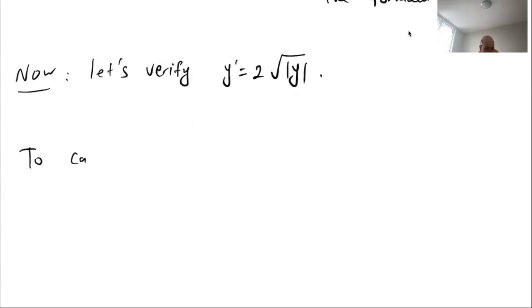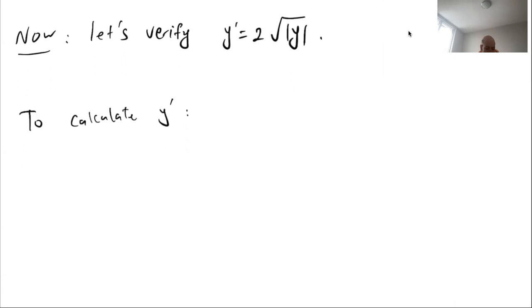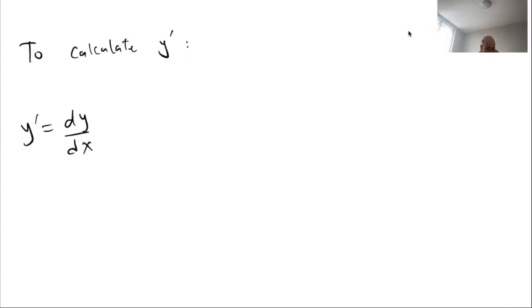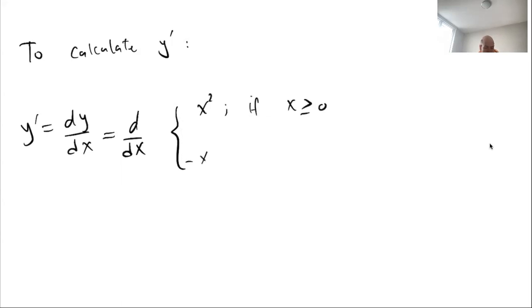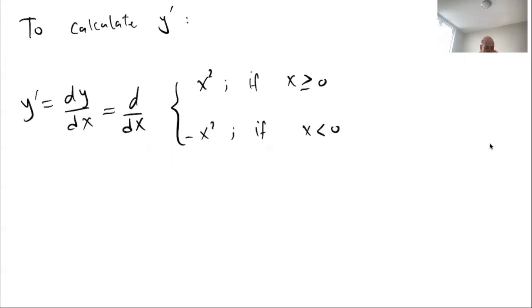To calculate y prime, so what will be y prime? Y prime means dy to dx, means d to dx of this function here, which was x squared if x bigger than or equal to 0, minus x squared if x is less than 0.